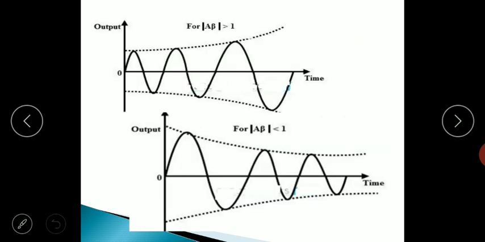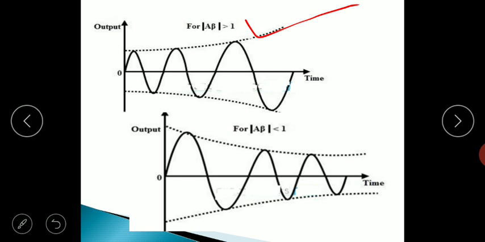But what if A beta is greater than 1? You can see here, when A beta is greater than 1, you get what is called overdamped oscillations. Now what do you mean by overdamped oscillations? The oscillations whose amplitude goes on increasing with respect to time are called overdamped oscillations.